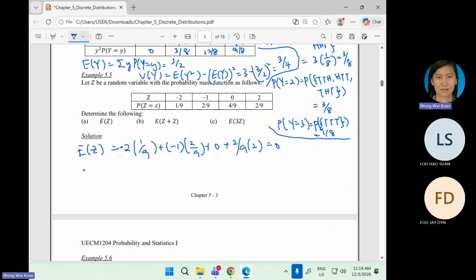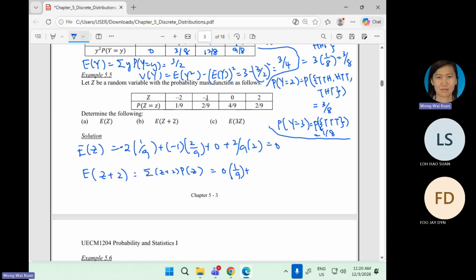Okay, then the question is, can we get E(Z plus 2)? How can we get it? We have two methods. One method is the sum of (Z plus 2) times the probability of Z. So minus 2 plus 2 is 0, times 1 over 9.